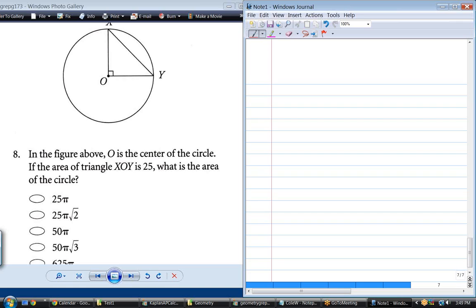Okay, and the figure above. If the area of that triangle is 25, what does that allow us to calculate?